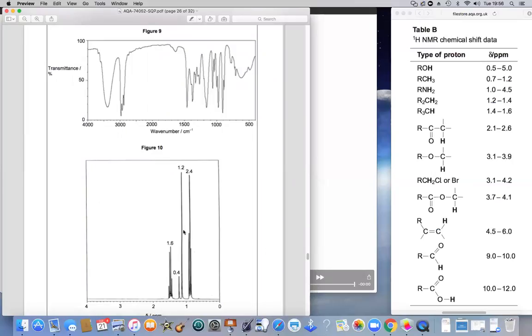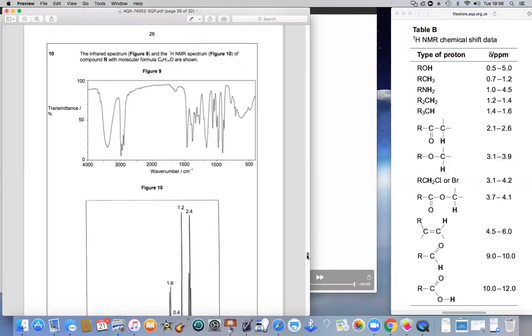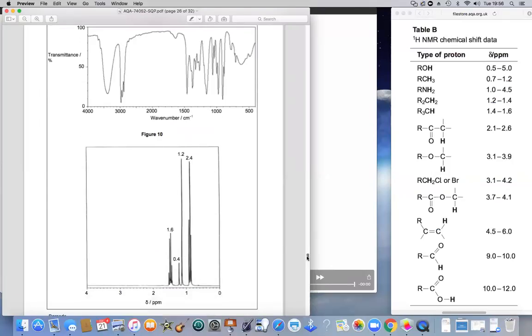So we look at our relative intensities. It looks like it could be 1 to 3 to 4 to 6: 1, 3, 4, and 6. That adds up to 14, and it's C6H14O. So we have a 1, 3, 4, and 6.